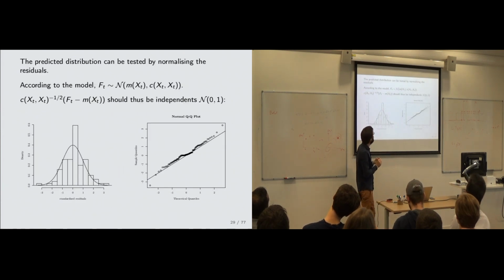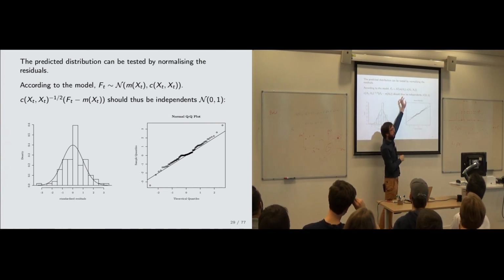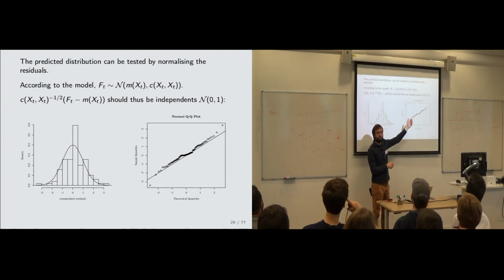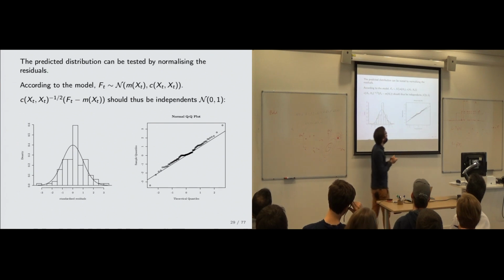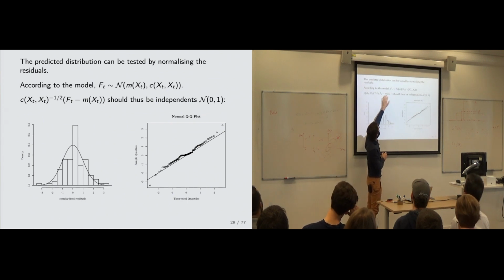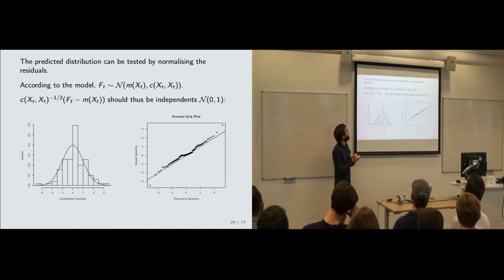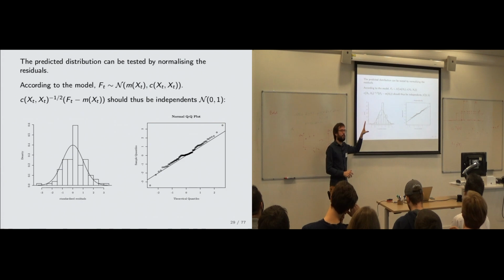Now, according to our model, our vector of observations should be distributed as the posterior distribution predicted by the model, so it should have this mean value and this covariance matrix. So if you take your observation, subtract the mean value, and multiply by the inverse of the Cholesky of the covariance matrix, that should transform these correlated values into uncorrelated Gaussian random variables.